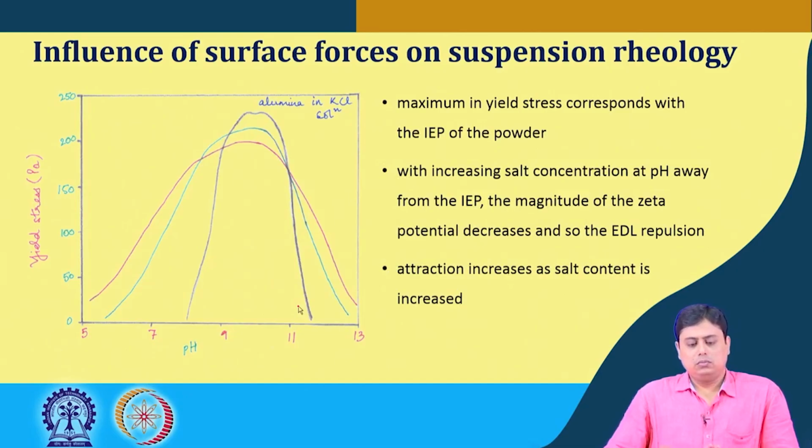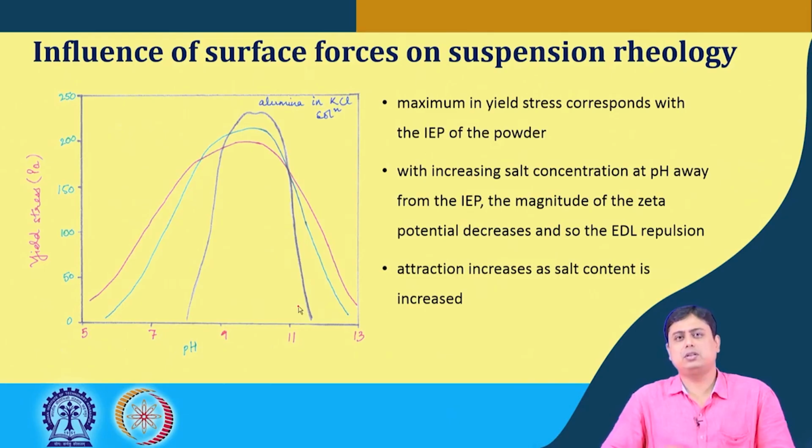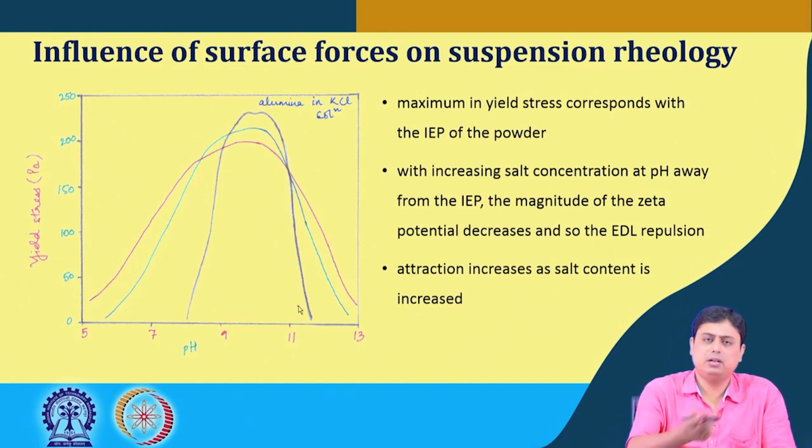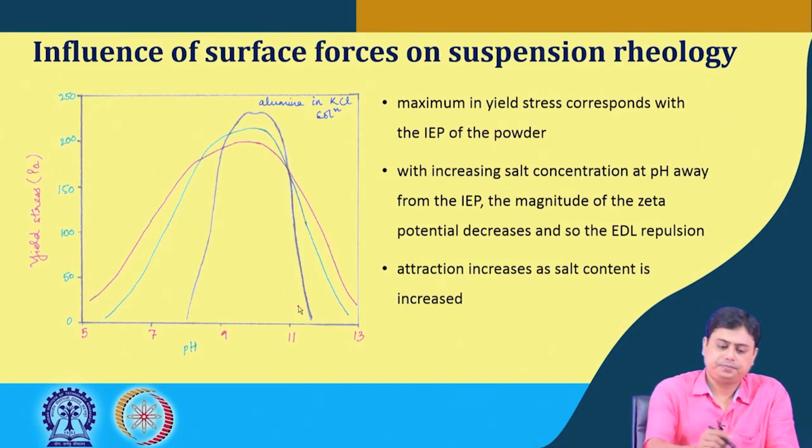So, say this influence of surface forces on the suspension rheology containing attractive particles, it has been seen that the maximum in yield stress corresponds to the IEP of the powder, which is the isoelectric point of the powder. This is an example or a schematic for alumina in KCl solution.